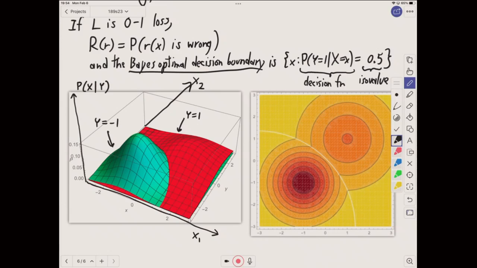In this particular example, both classes have Gaussian distributions. But the Gaussian distribution for people with cancer is different than the Gaussian distribution for people with no cancer.